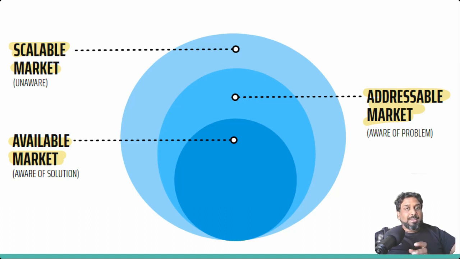This is again based on their budget, based on the trust, based on the process they have to go through. So a lot of factors come into play when you're talking about the available market. They're completely aware of the solution. They're right now confused about which specific solution would solve their problem statement in the most efficient manner. So this is called the available market.